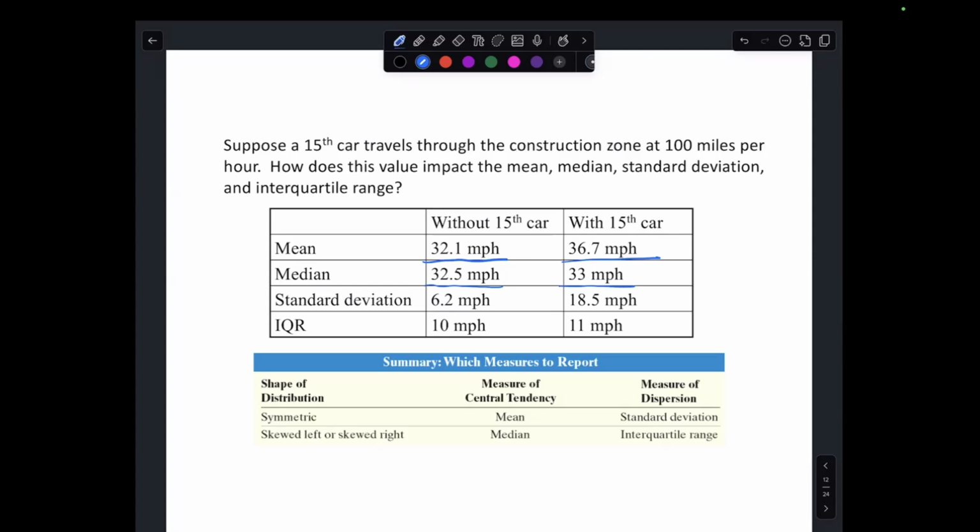If your data is skewed left or skewed right, or has outliers, using the median and interquartile range is a good idea because it is not going to be pulled by the outliers so much.